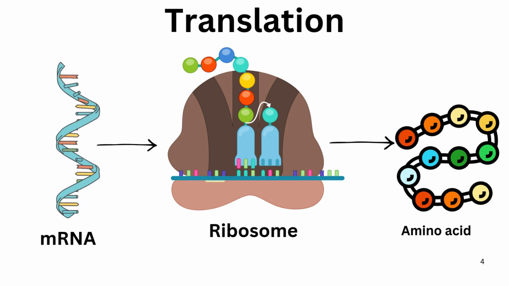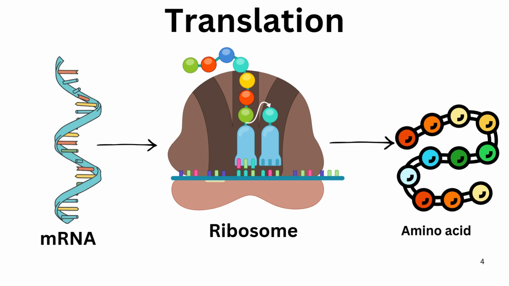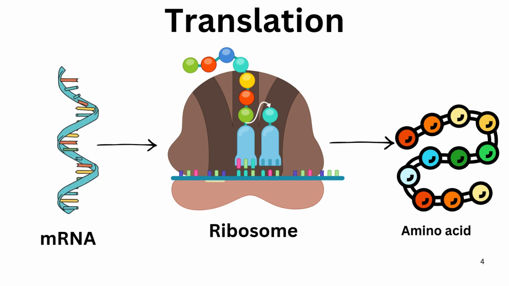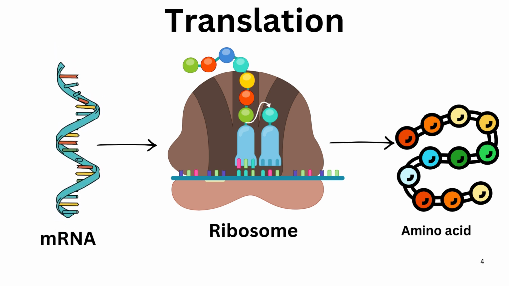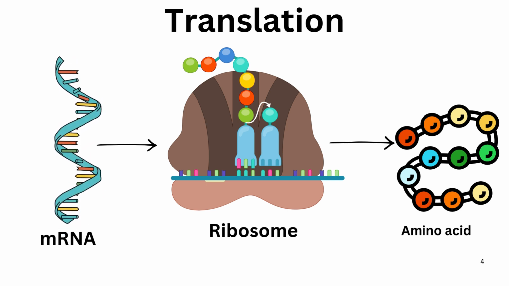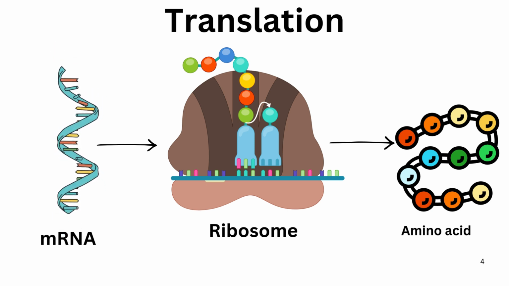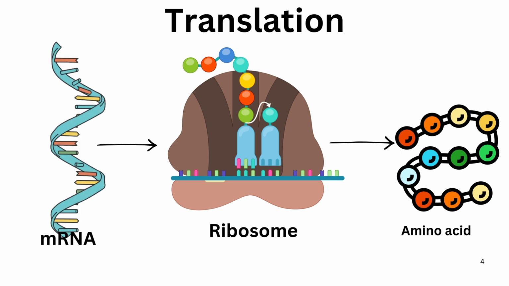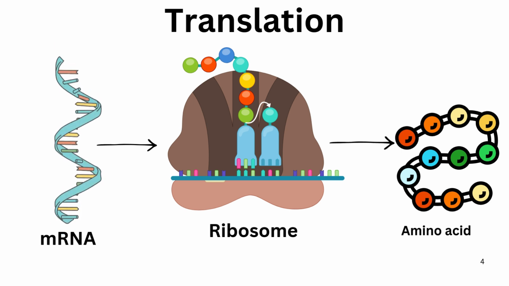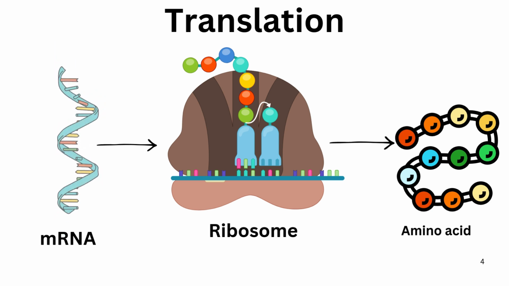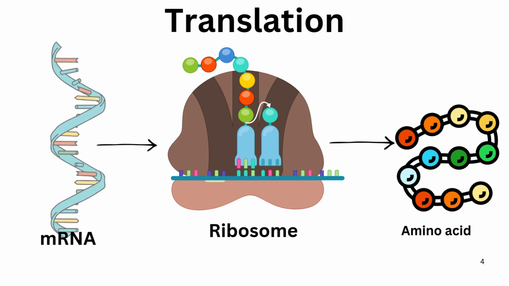During this process, a condensation reaction happens between the amino acids, and it goes on and on until the ribosome reaches a stop codon on the mRNA, producing a long chain of amino acids. These amino acids then fold into different shapes in order to produce the protein.